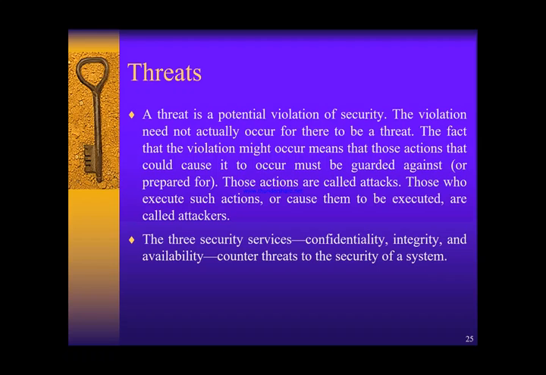The three security services, confidentiality, integrity, and availability, counter threats to the security of a system. Some violations need not actually occur for there to be a threat. The fact that a violation might occur means those actions that could cause it must be guarded against.